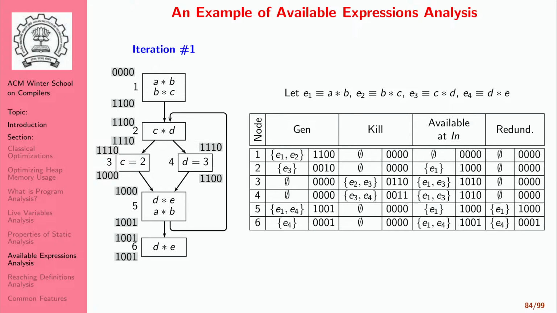Anyone who's getting a different result after the first iteration? Same? Okay. Let's look at the result, the final result, the second iteration.